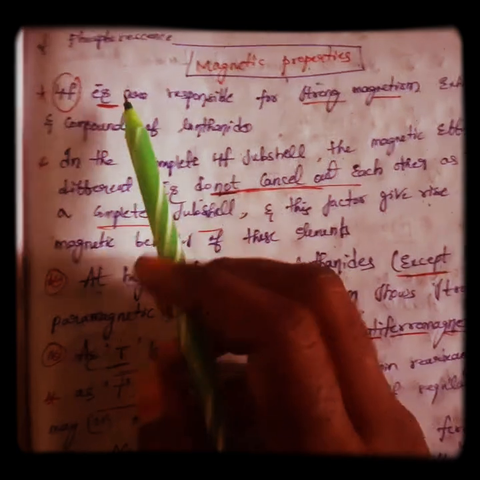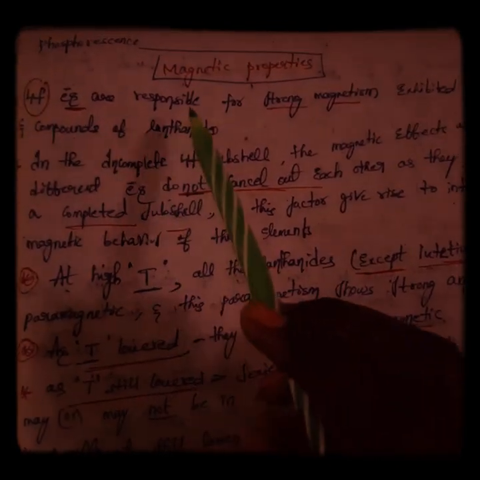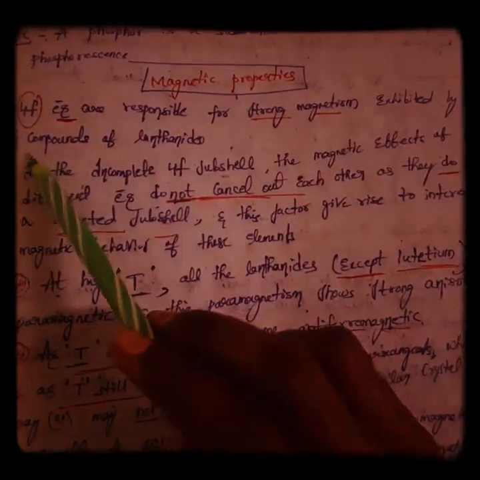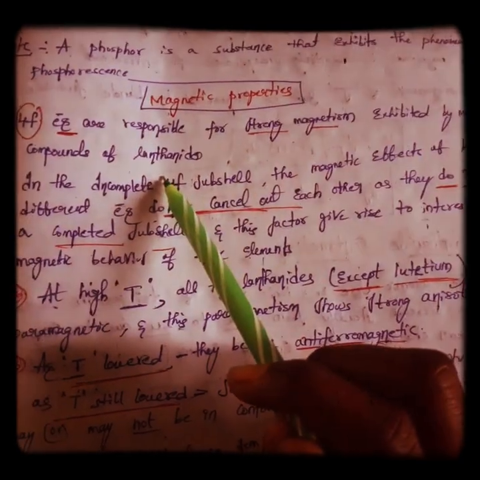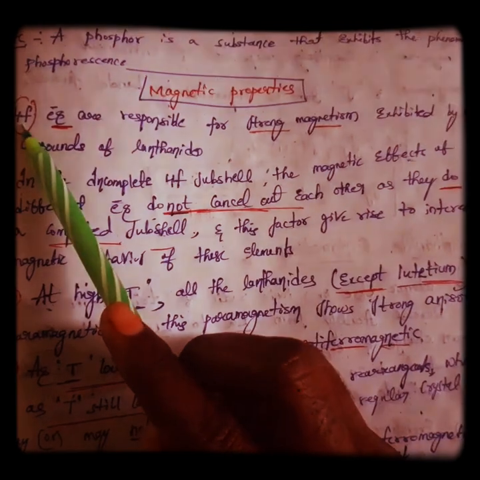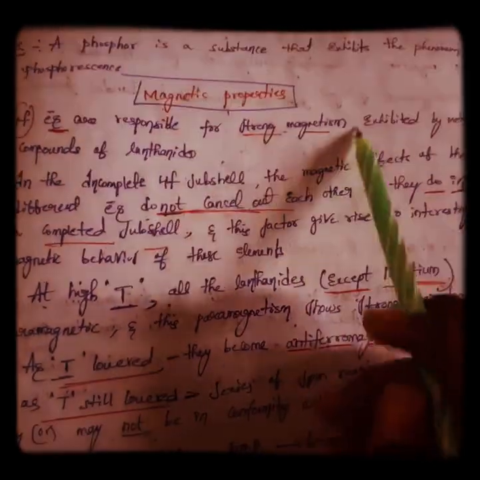Okay friends, first point: 4f electrons are responsible for strong magnetism exhibited by metals and compounds of lanthanoids. We know that the lanthanoids show strong magnetism.